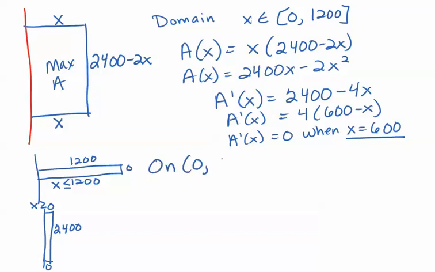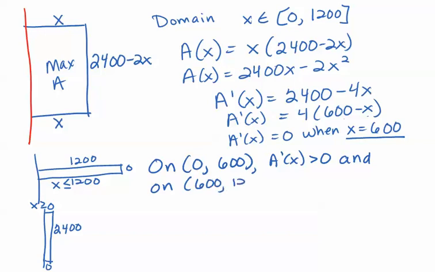When x is between 0 and 600, look at A prime. If we put in a number between 0 and 600, then we can see that A prime of x would be greater than 0. And if we choose any value between 600 and 1,200, we can see that A prime of x will become negative.